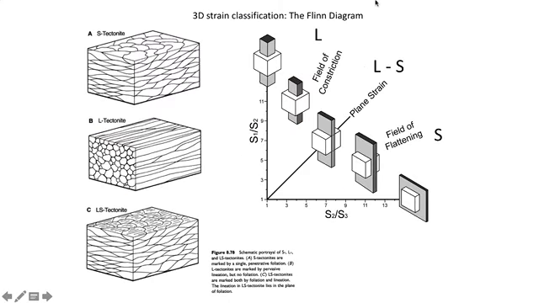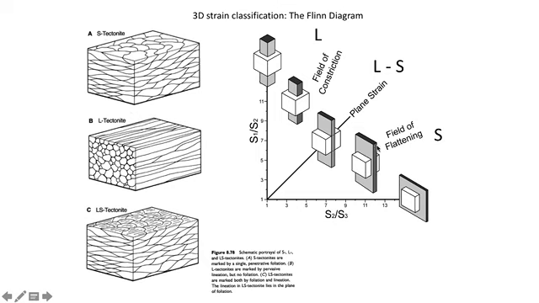Here's a Flynn diagram showing similar boxes to what we saw before. Here we start with cubes. We have plane strain, we're going into constriction, going into flattening. And these show examples of different tectonites.